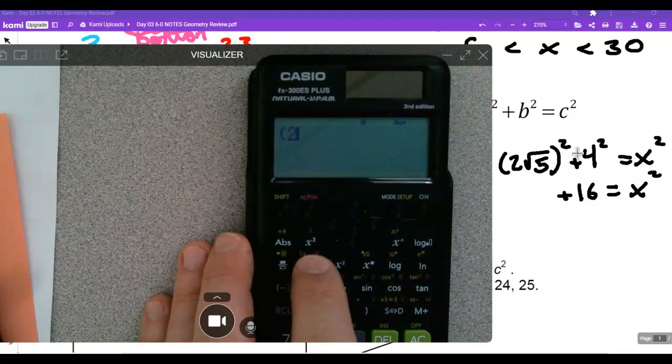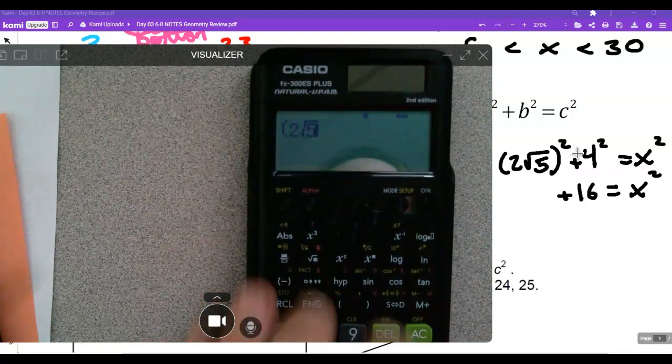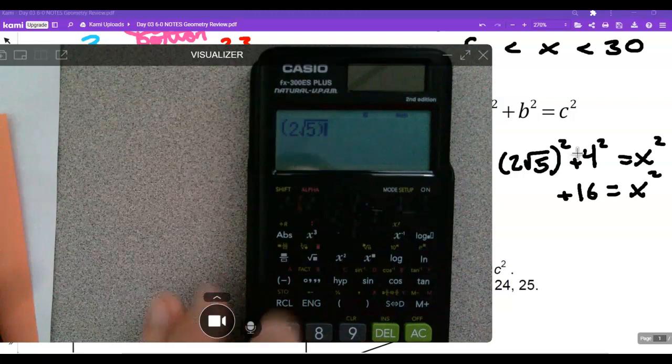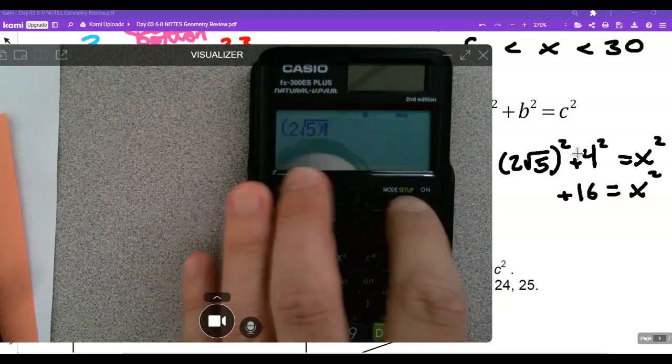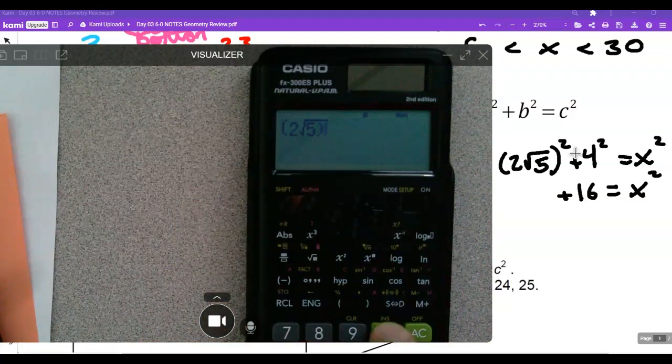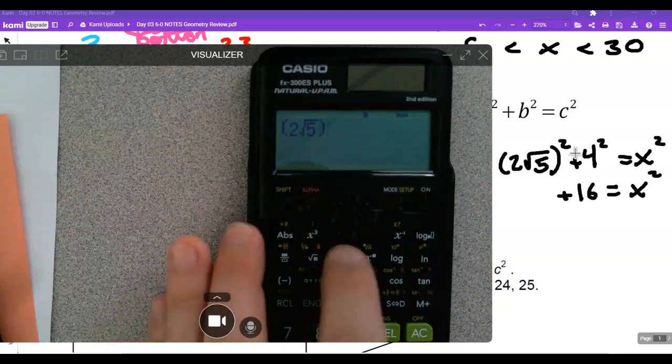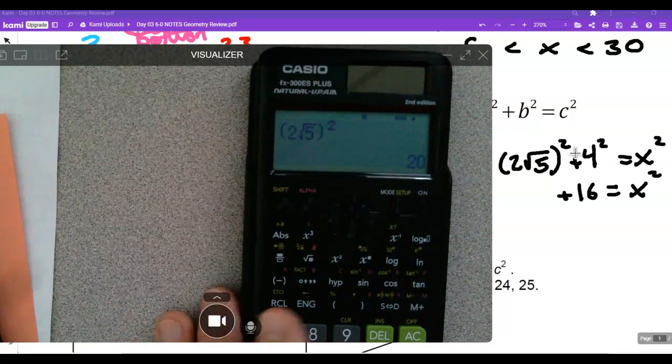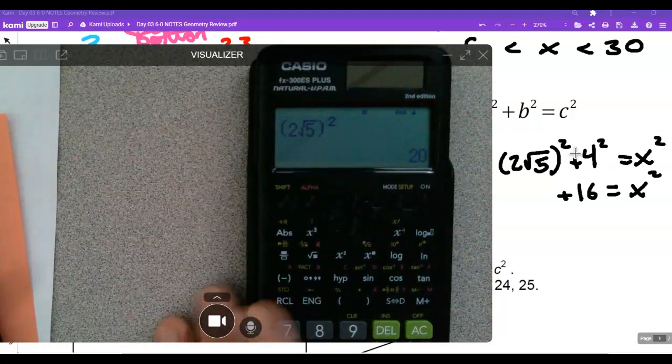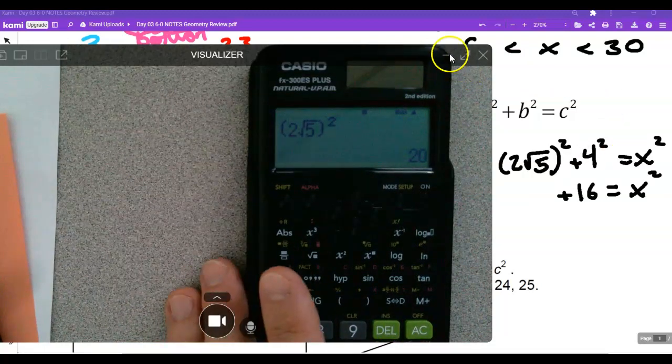They can't read your mind. They can't know what you really meant, right? So with and without, you get 2 different answers. So with parentheses, 2 root 5. Okay. Just wanted to point that out on this one.